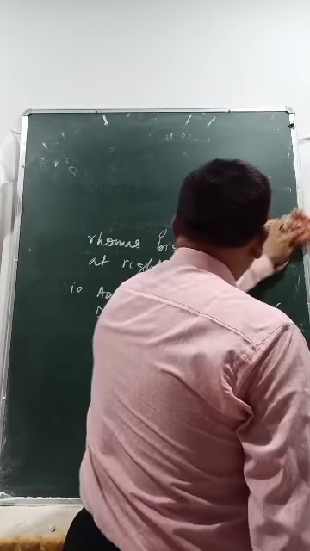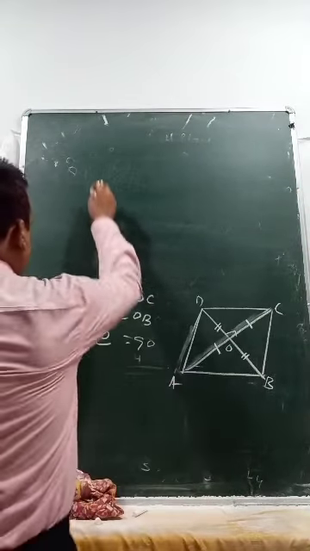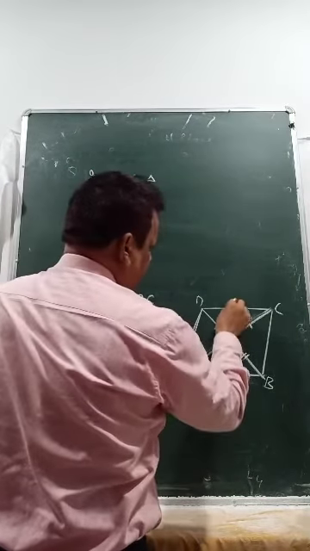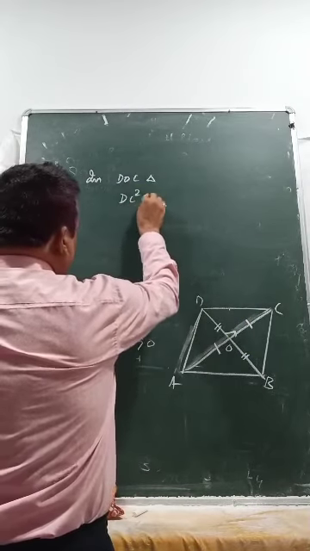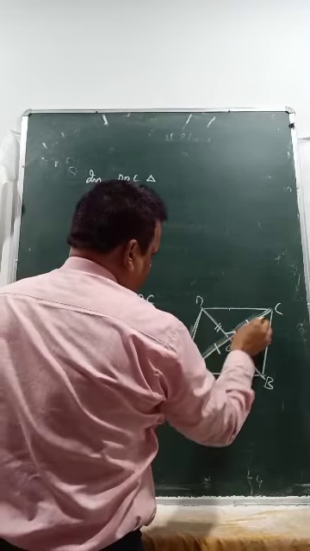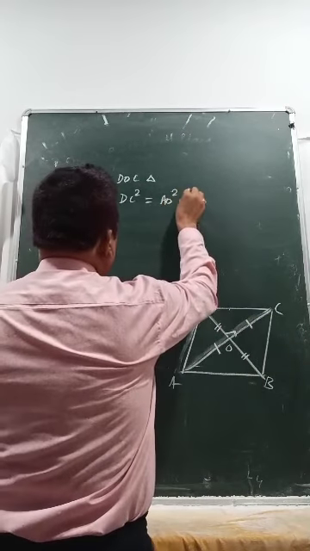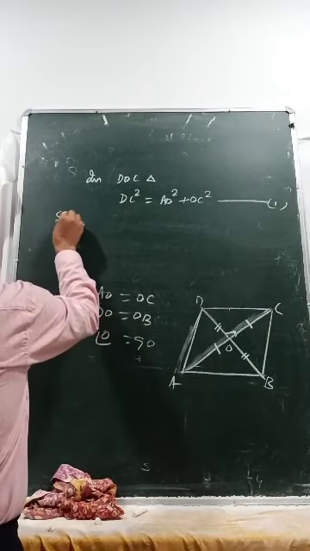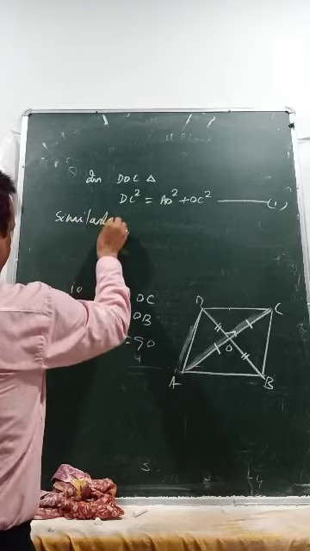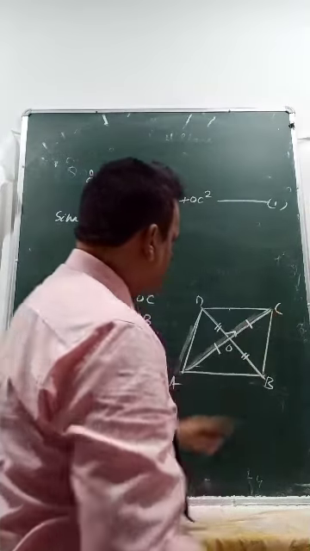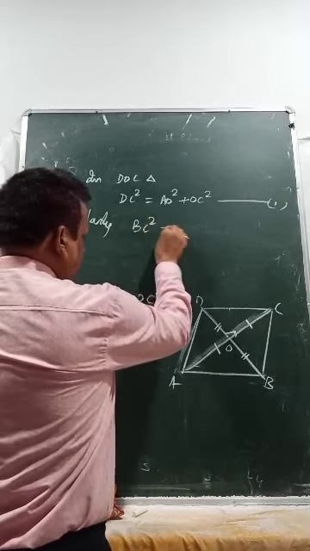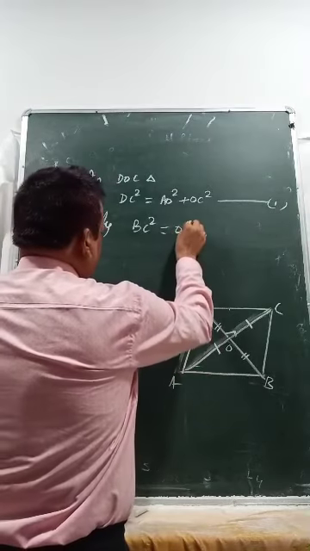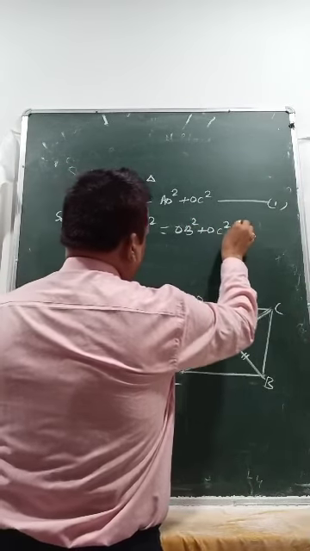So in DOC triangle, opposite to 90 degree is the longest side. BC square equals AO square plus OC square. Similarly, you can write BC square equals OB square plus OC square.